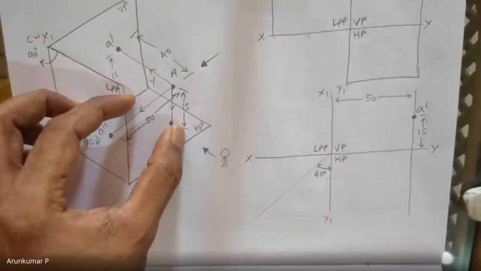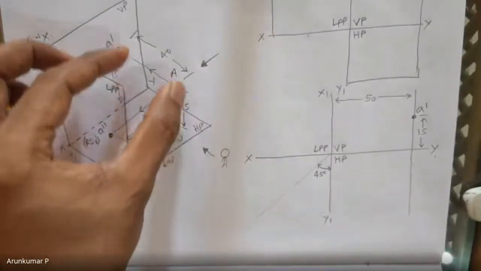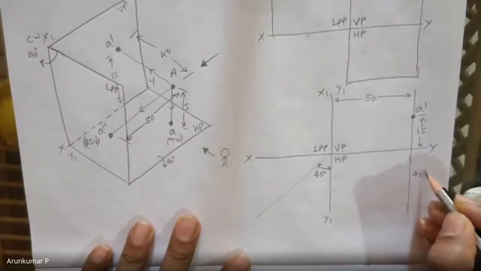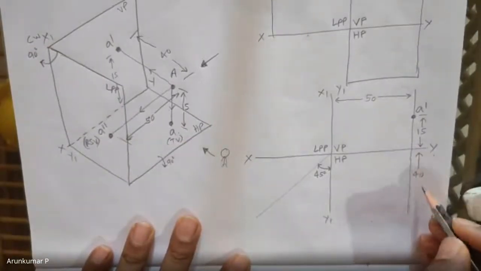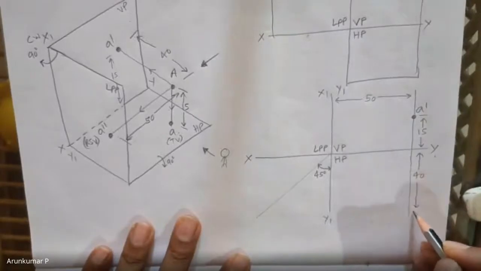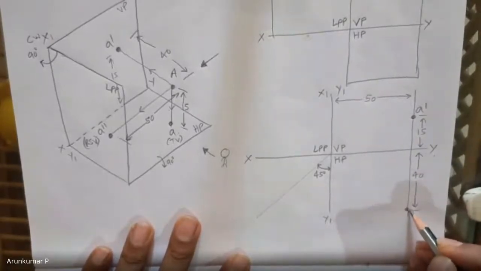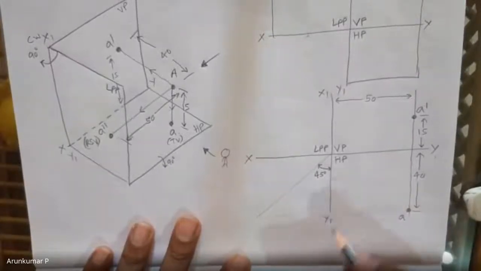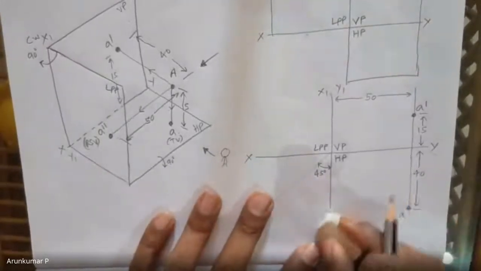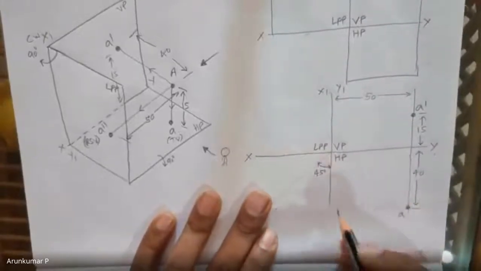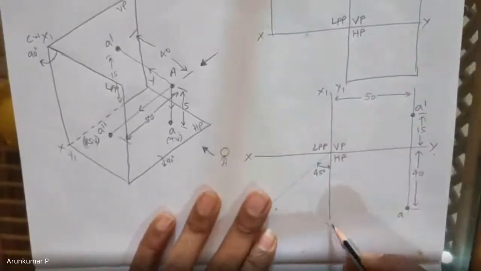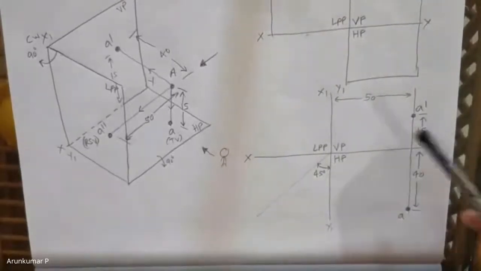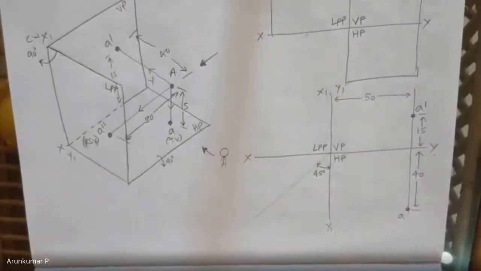So A is at 40 mm from XY line. This is the top view A. So front view and top view.